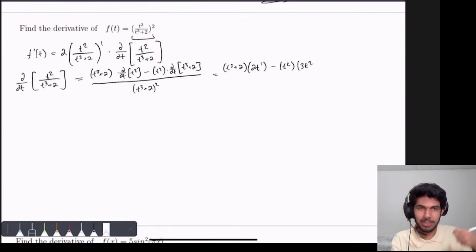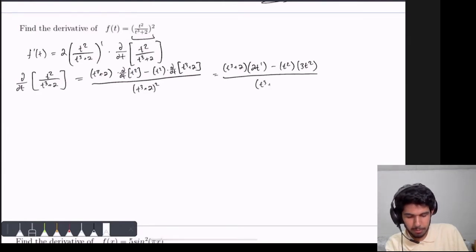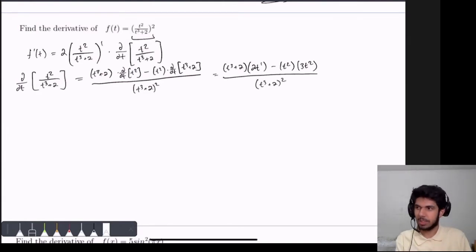Drop down the exponent, keep the t, lower the exponent by 1. And then derivative of 2 is just 0, so we add 0. And we divide that all by t cubed plus 2 quantity squared. Right? Okay. And then what can we do from there?